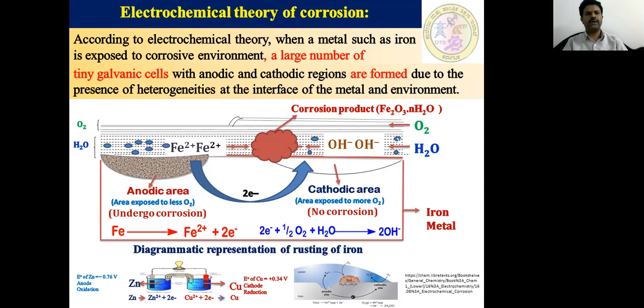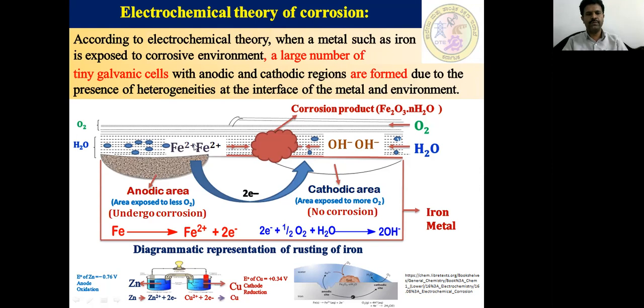reactions. According to the electrochemical theory, when a metal such as iron is exposed to a corrosive environment, that means an environment containing air, oxygen, and moisture, then a large number of small or tiny galvanic cells will be formed.